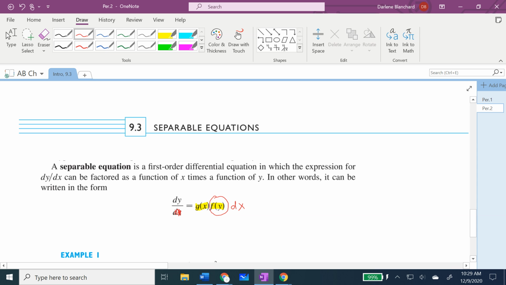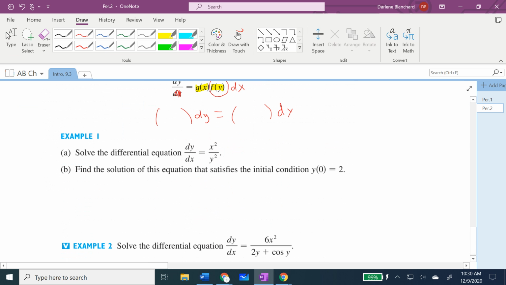And that allows you to have an expression with y times dy equals an expression with x times dx. And at that point, you're able to move forward and integrate. The main thing that's new is the fact that you can separate, and the fact that you're going to be solving 2 integrals now instead of 1, and little tiny things. So here we go. First example.